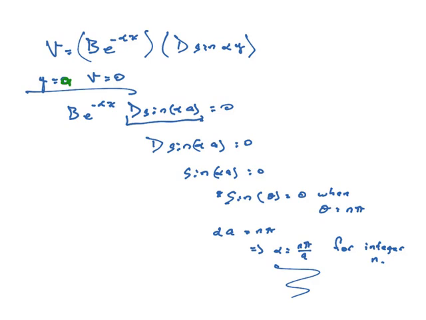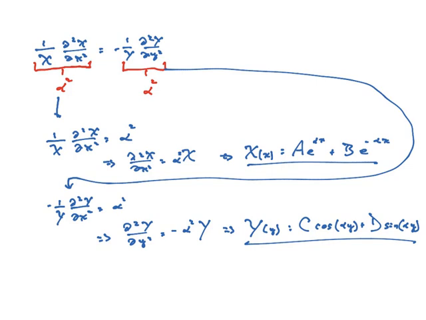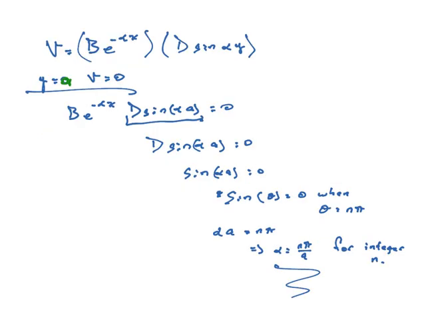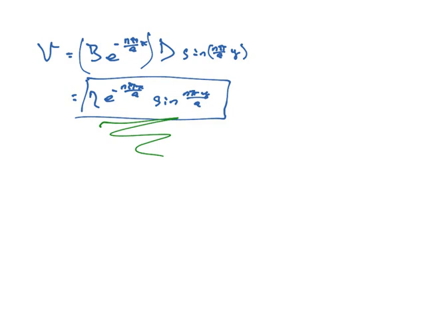And so whatever is inside the sine, set it equal to n pi, solve for your other unknown, which was the alpha I started with way back here. That whole time I had no idea what the heck alpha is. It could be 4, it could be 7 pi, I don't know what it is. Well, this boundary condition sets what that alpha can be. It must be some integer multiple of pi over a. Once you do all your boundary conditions, you're left with whatever terms you didn't mess with. That's your answer.